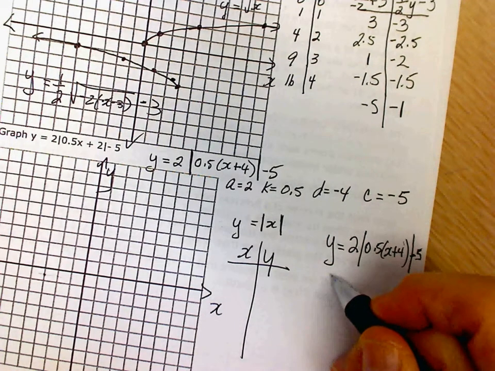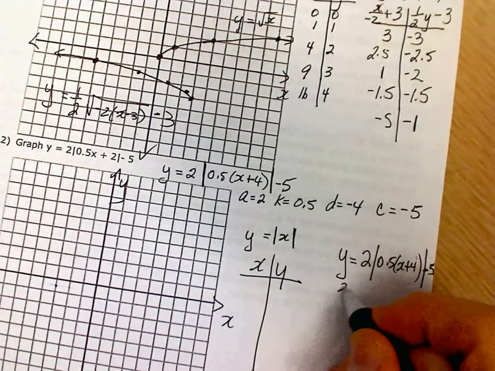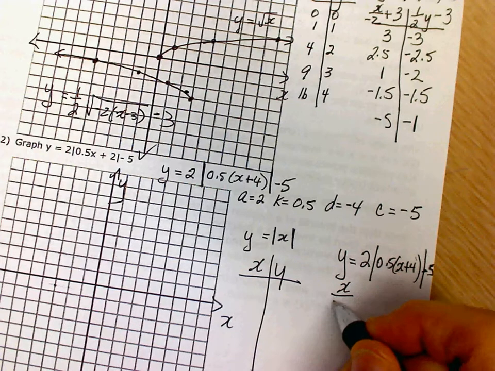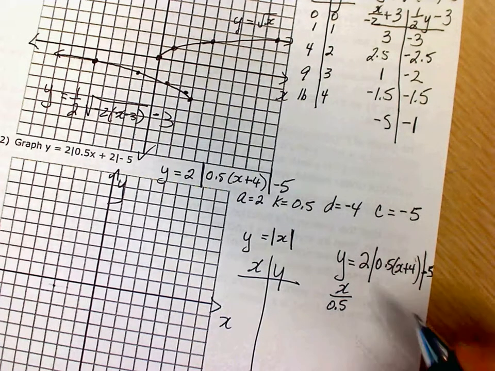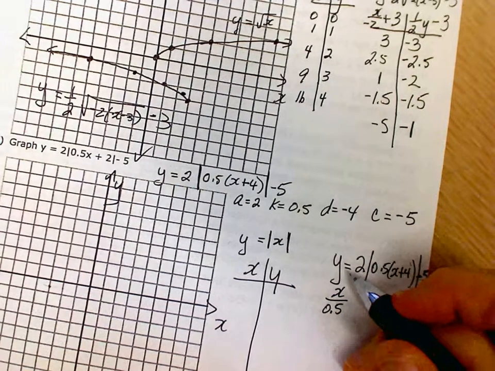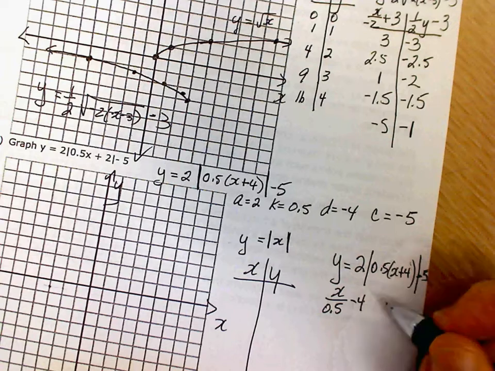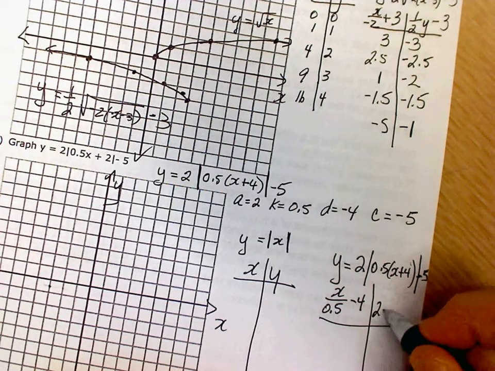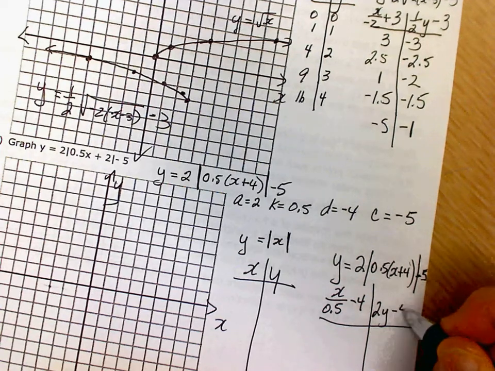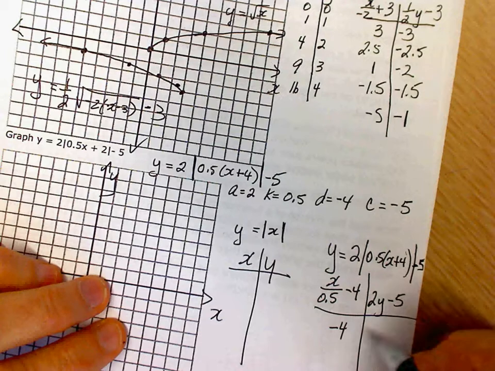On the transformed function, we have to go x divided by k, which is 0.5, which is actually 2x, plus d, and our d is a minus, so it's negative 4. And our y will be a is 2, 2y, c is negative 5. Okay, so at least this is nice. We got one point on our transformed function.